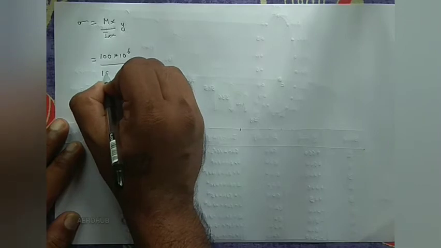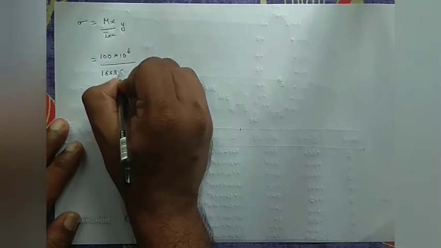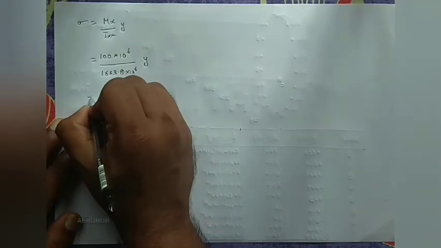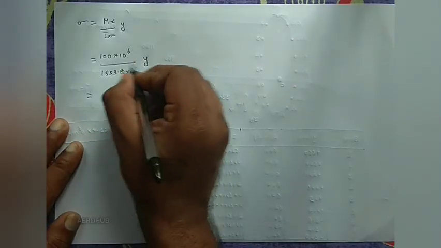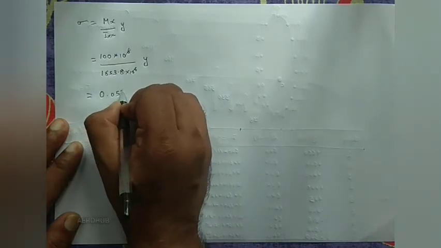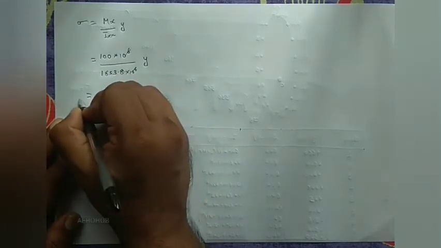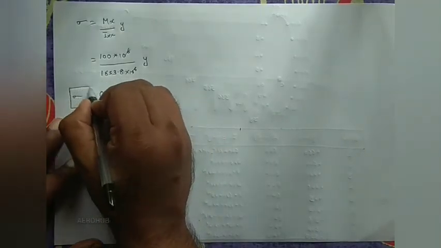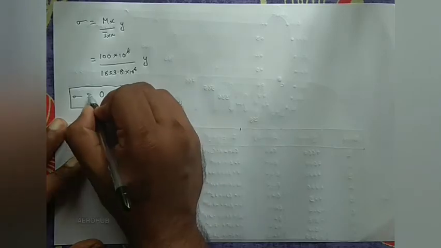So Ixx is 1853.8 into 10 power 6 into y. Okay. So I'll be getting an answer of 0.0539 into y. This is the value for sigma. This is the value of bending stress. This is the bending stress equation for the entire fuselage section.